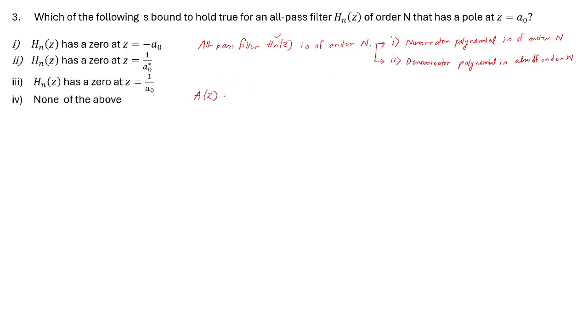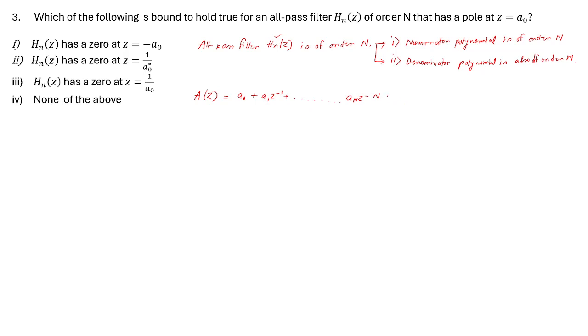This Az represents the numerator polynomial of the all pass filter, of order n, that is starting from a naught, plus a1 z inverse, continuing like that up to an z to the power minus n. By the way, seeing this expression, you immediately see this is a causal filter, talking about the numerator only.